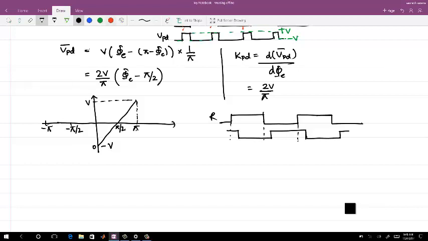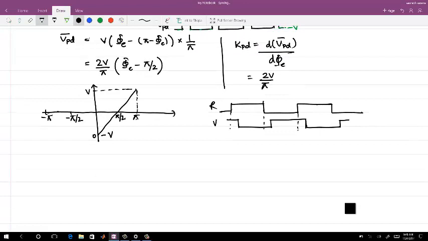So this is V, and your XOR phase error detector will have, for this, again mostly positive here.